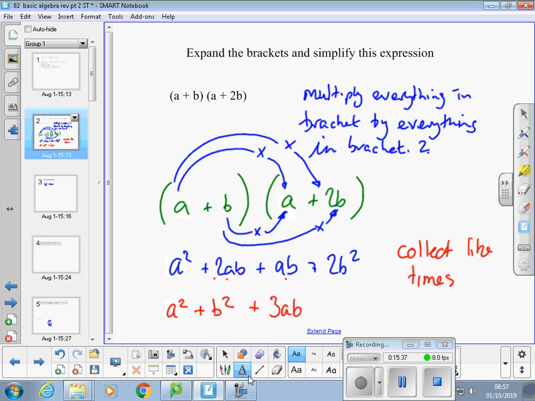Actually, I've got a question for you. What would you do if you had a third bracket? Oh, sorry. Yeah. Spotted my deliberate mistake. Alright, what would we do if we had a third bracket there?